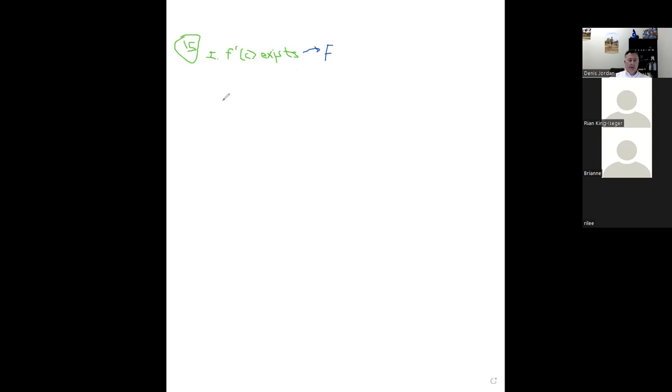And there are functions where that happens. So if you think of absolute value or a graph like this, both of those have a sharp point at their relative max, which means that those derivatives are DNE, they don't exist. So the first one's false because you could have either of those two cases.